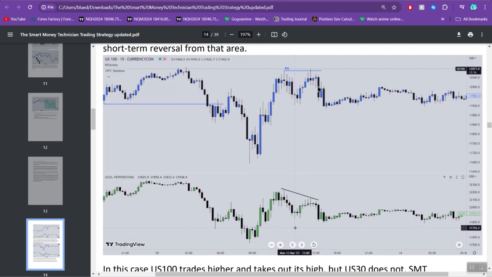The market will always do this whenever it wants to reverse. It's just that many people are unable to see it, so you need to train yourself to be able to see it in order to capitalize on it. So even this week, we had multiple SMT divergences, the week prior to this recording, and I'll show you them.